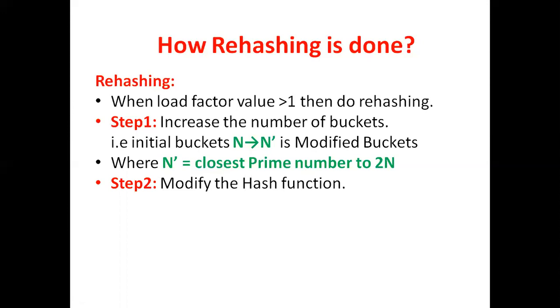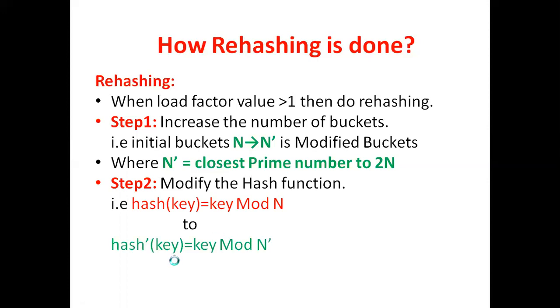Step 2: modify the hash function. Hash of key is equal to key mod n. That is the normal function, and we have to modify it. After modification, hash dash of key is equal to key mod n dash, where n dash is the closest prime number to 2n.